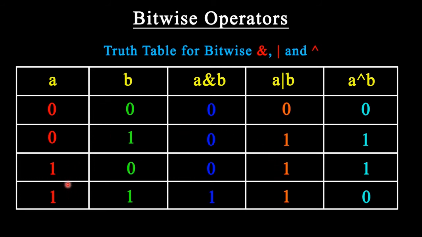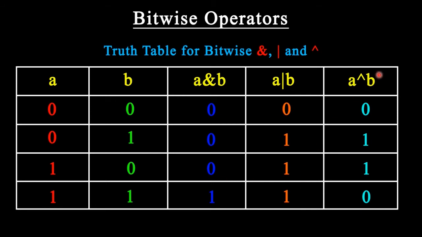If the value of A is 1 and the value of B is 1, again it will give us 1. So basically, while we do A bitwise OR B, then 0 0 means 0, 0 1 means 1, 1 0 means 1, and 1 1 means 1.